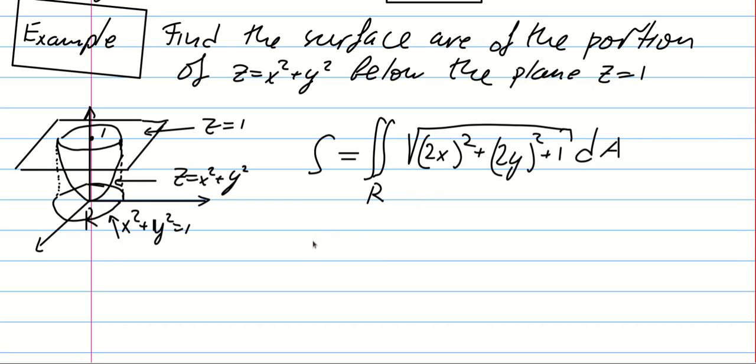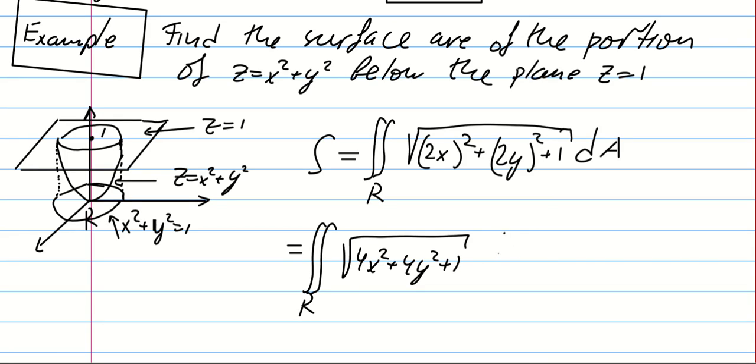So if we simplify this expression, what do we get? We get the square root of 4x squared plus 4y squared plus 1 dA.